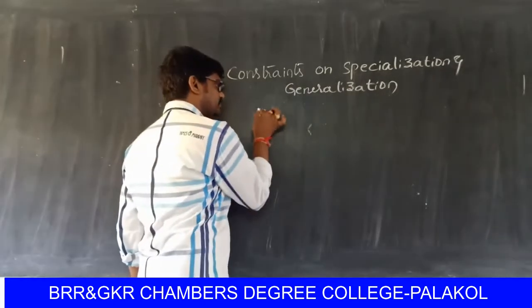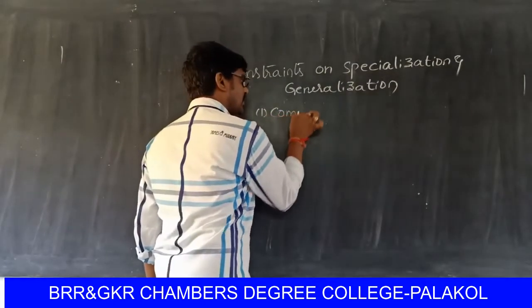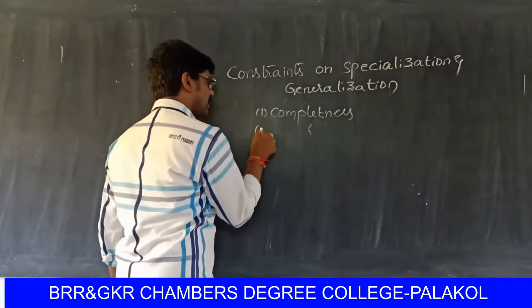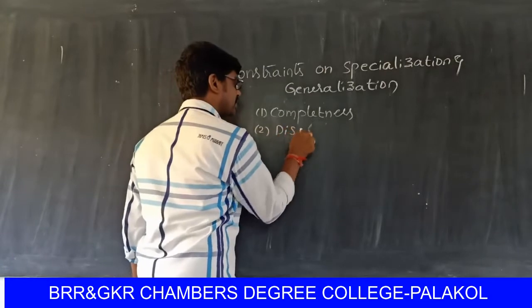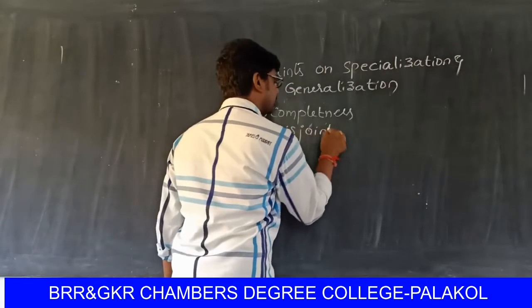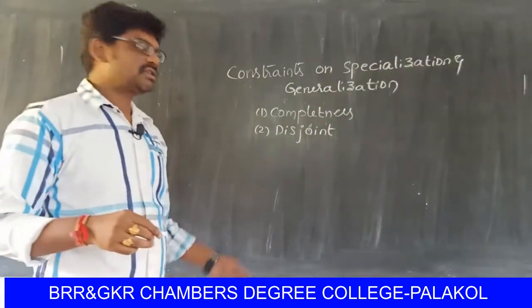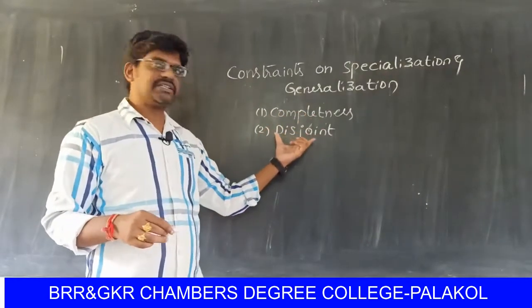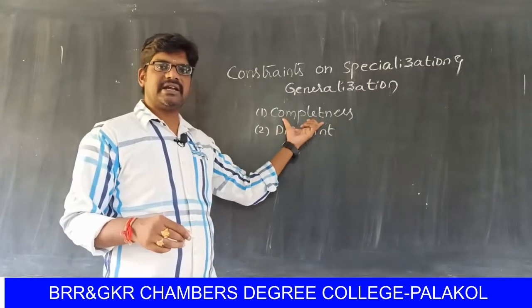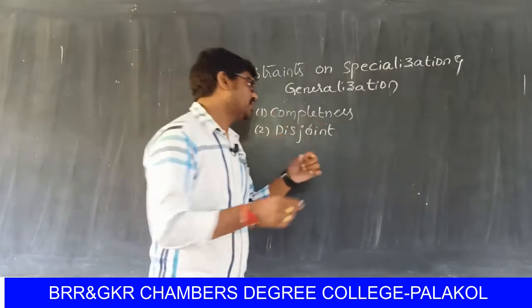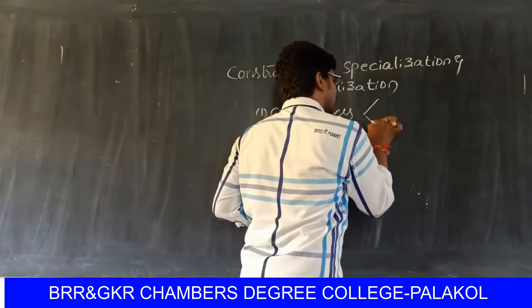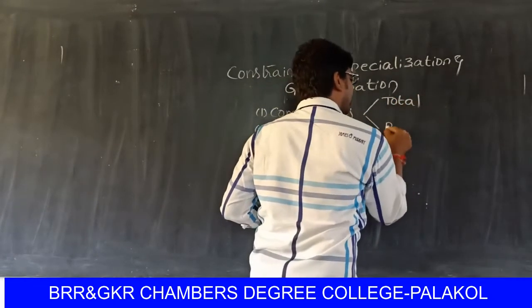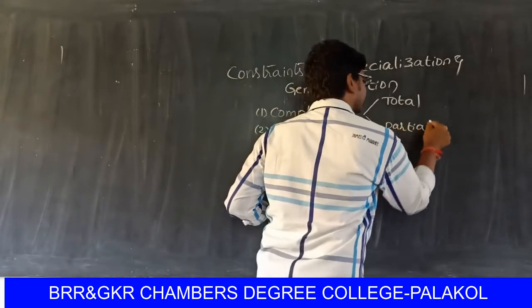One is the completeness constraint. The next one is the disjoint constraint. The completeness constraint can be classified into two types: total completeness constraint and partial completeness constraint.